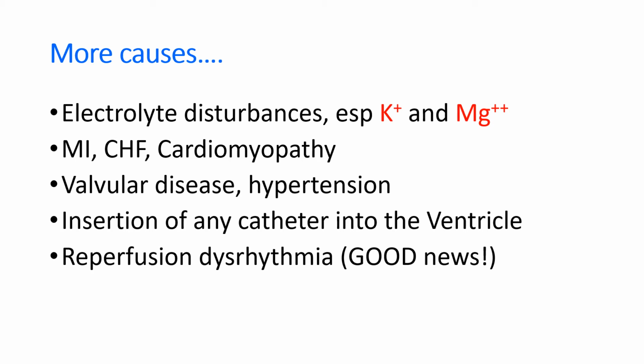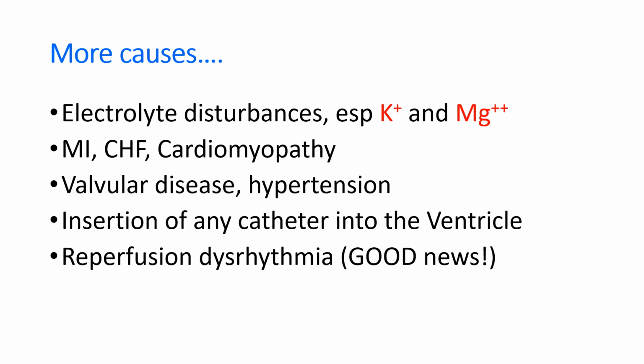Again, we talked about MI, CHF, and cardiomyopathy. Anytime there's a change in the dynamics of the cardiac muscle, it can pop up ectopic sites, such as with an enlarged left ventricle, left ventricular hypertrophy, or valve disease causing hypertension. That can change the structure of the left ventricle, and it can also increase the automaticity within the muscle and fire more PVCs.